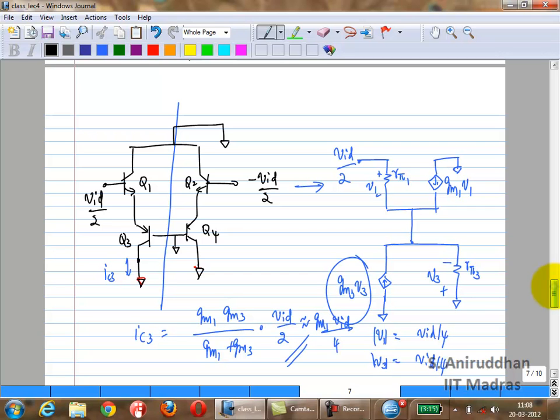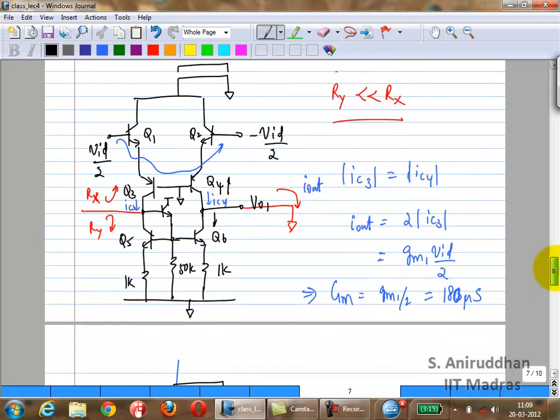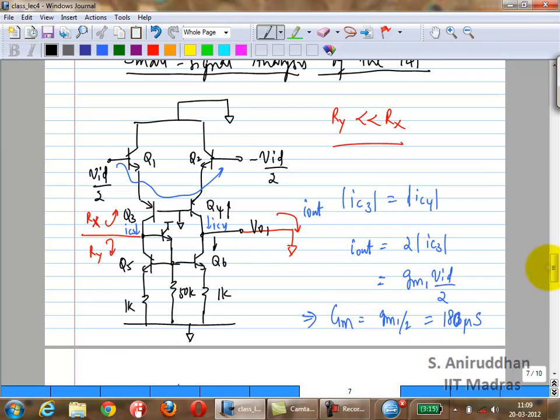So we just have Q1, Q2, Q3, Q4, this transistor quad, and we want to calculate IC3 and IC4. If you assume these are the directions for IC3 and IC4, what is the overall I out?